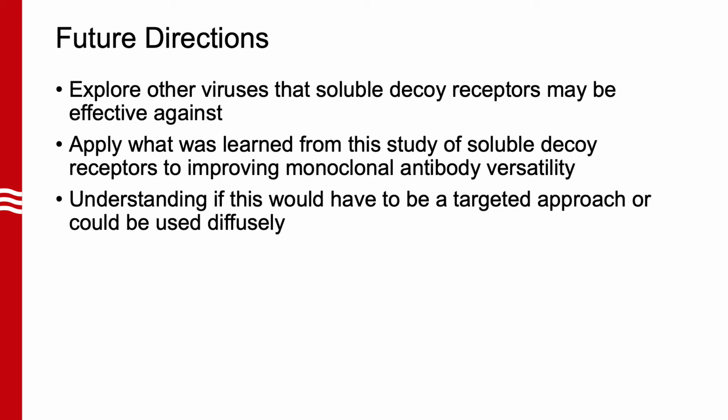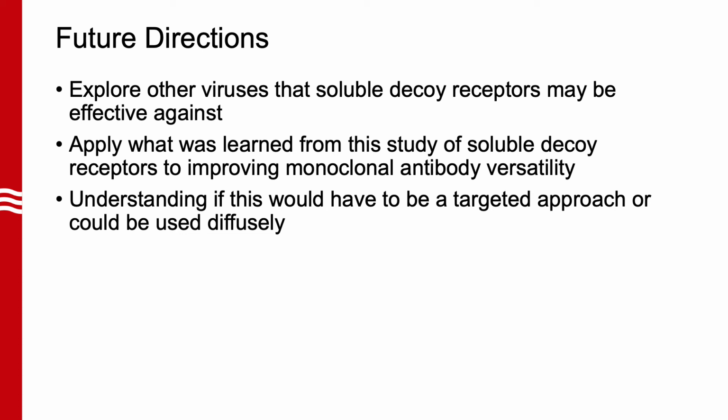Another angle would be to apply what was learned in this study to monoclonal antibodies. So even though monoclonal antibody cocktails seem to be more effective than singular monoclonal antibody use, there still are worries, like I stated earlier, about the efficacy of monoclonal antibodies against antigenically unique strands that could come out of wild animal infection and mutation.